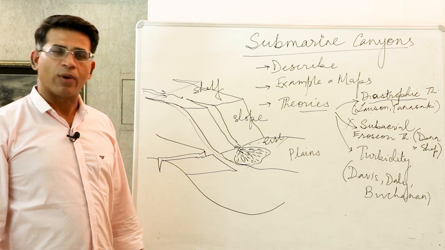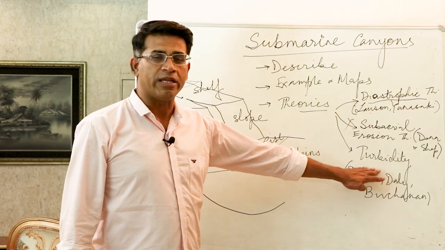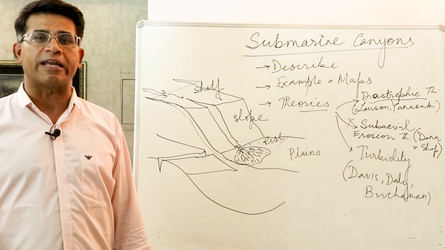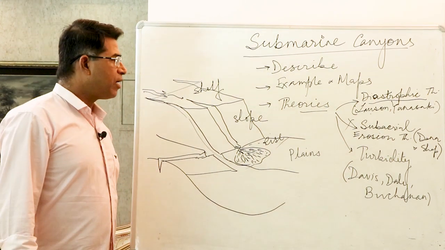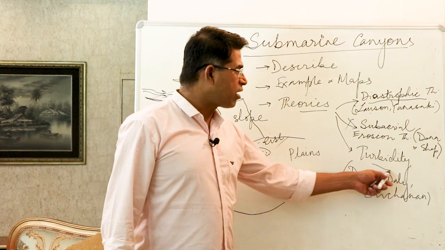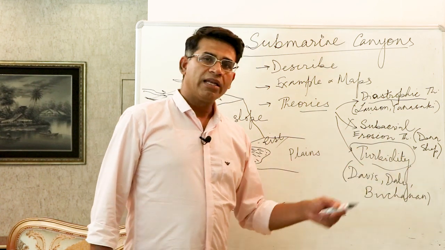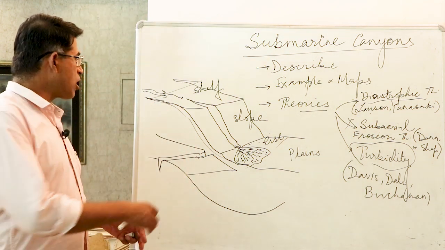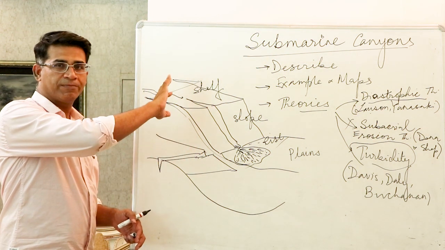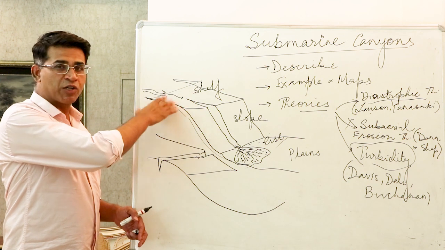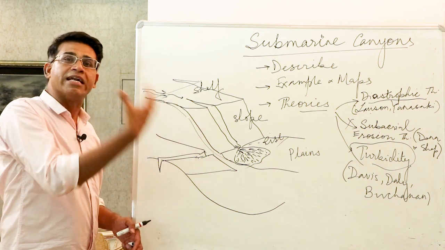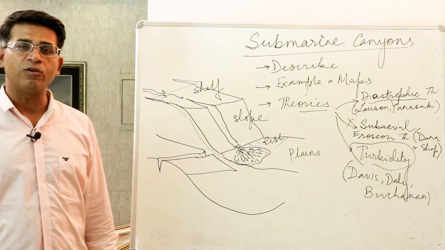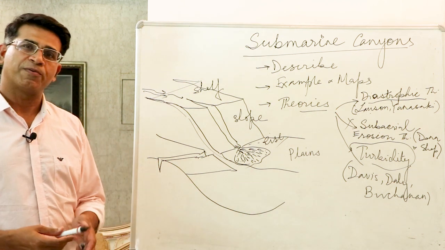And the third one is the theory which is about erosion by turbidity currents. Now, just a quick reference to what these are. These are enormous amounts of sediments brought by the rivers and glaciers that pile up on the shelf, and these sediments fall along the slope like underwater avalanches.